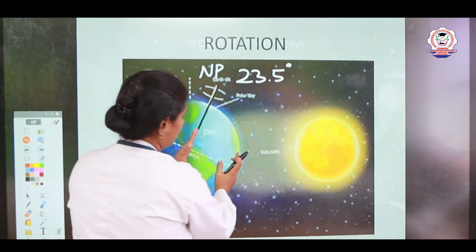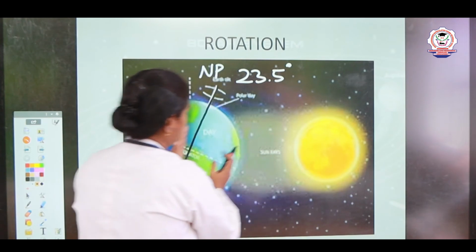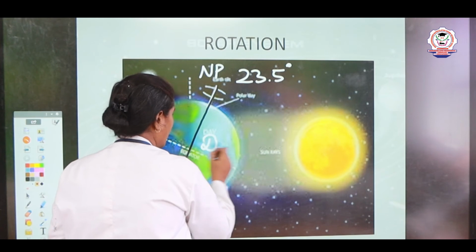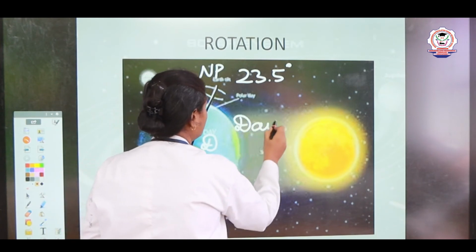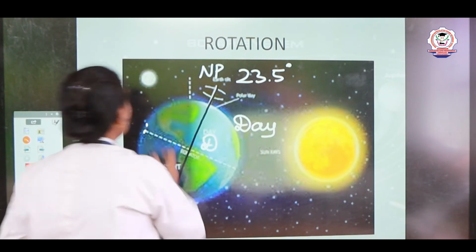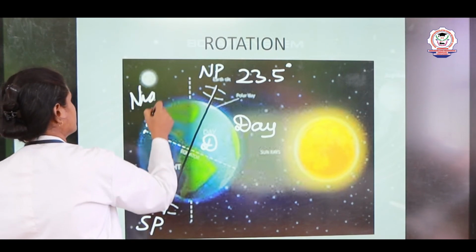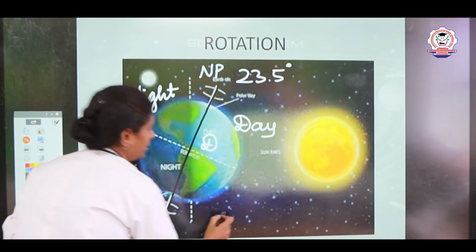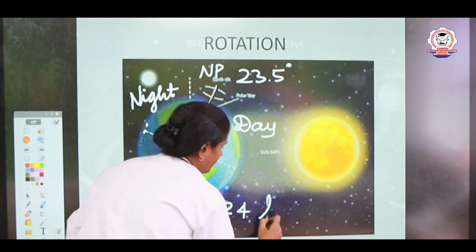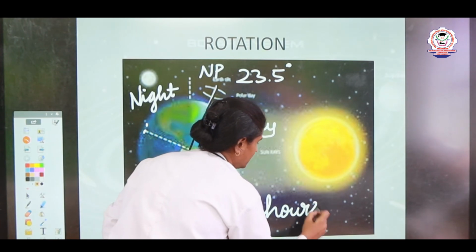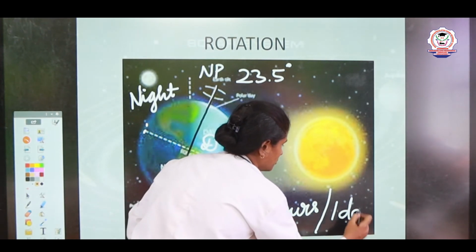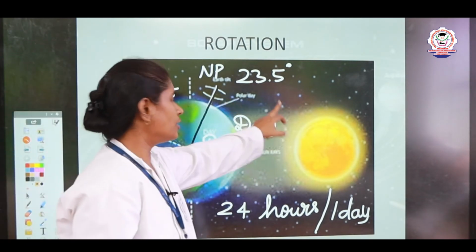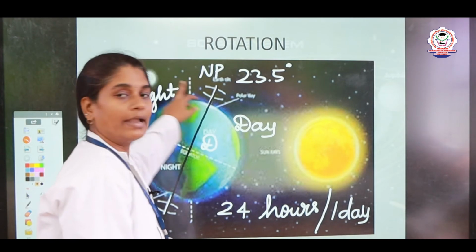The part of the Earth where sunlight falls will have day, and the part that does not face the sun will have night, right. For this one rotation, the Earth takes 24 hours, that is 1 day. So the rotation of the Earth causes day and night.